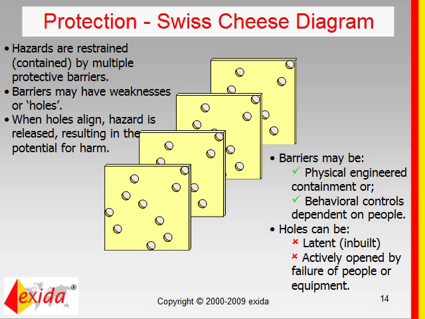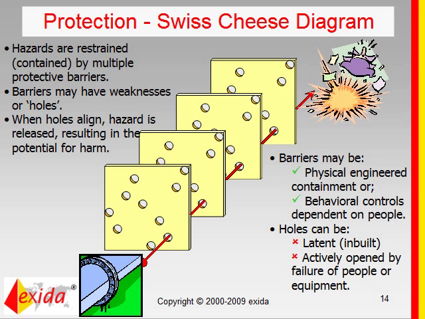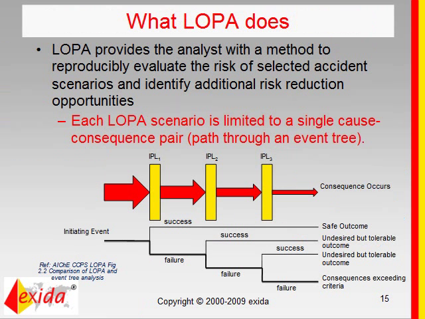And again, the holes can be latent, inbuilt problems, actively opened by failure of equipment or people. And then this picture is basically indicating if all those holes align, then you could have a problem.